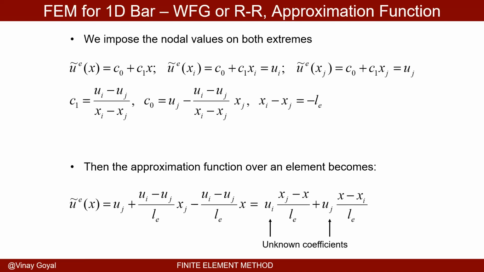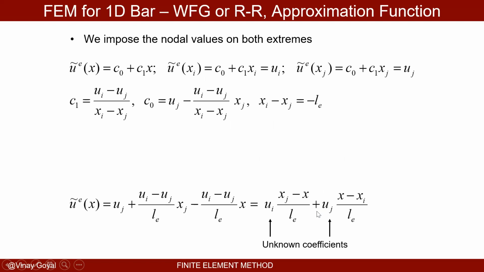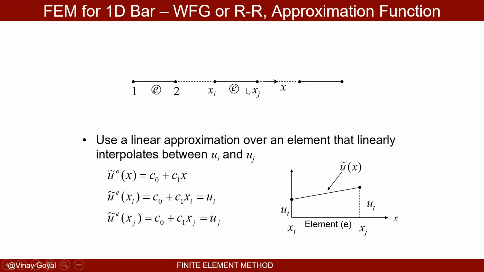Notice how the element approximation selected satisfies the essential boundary condition for that element. Why? When I'm looking at a single element, the boundary conditions I have for the element are essential. Why? Because the deflections here and the deflections here must follow the deflections of the neighboring element.